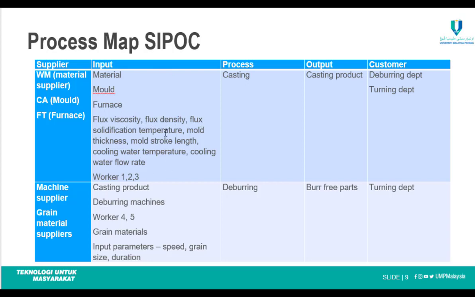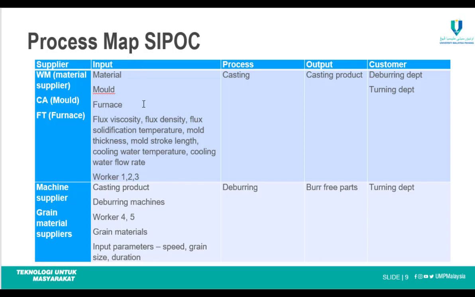There are a lot of inputs that we need to consider for the casting, and also the workers. There are 3 workers here, and the suppliers are related to the inputs here: the material supplier, the supplier of the mold, the supplier of the furnace, and so on. Right, so in a SIPOC diagram, the main thing that we want to get is the input.